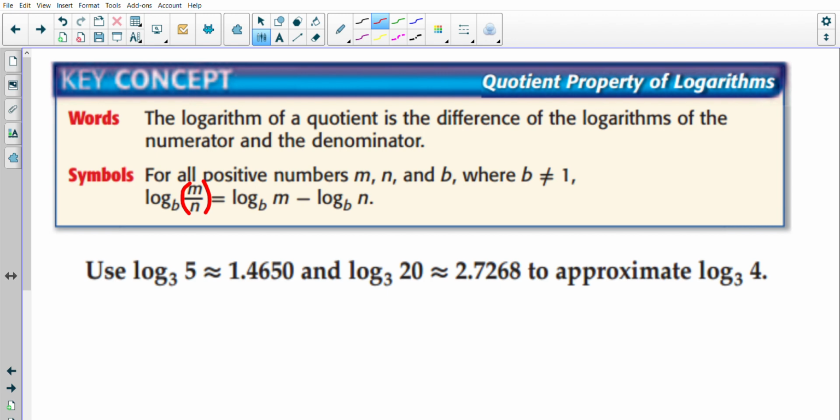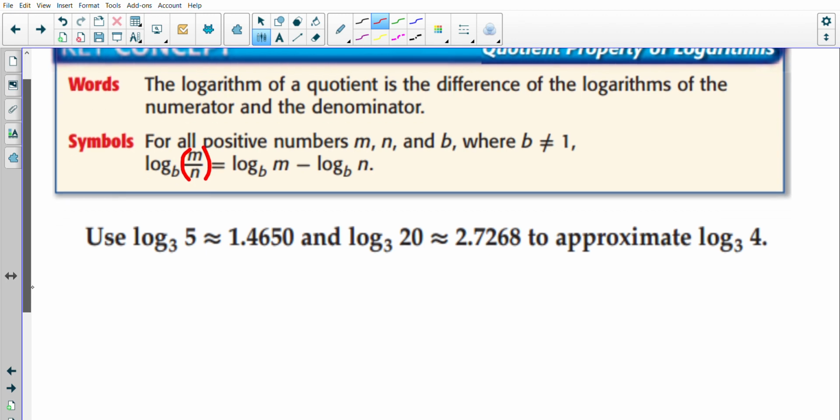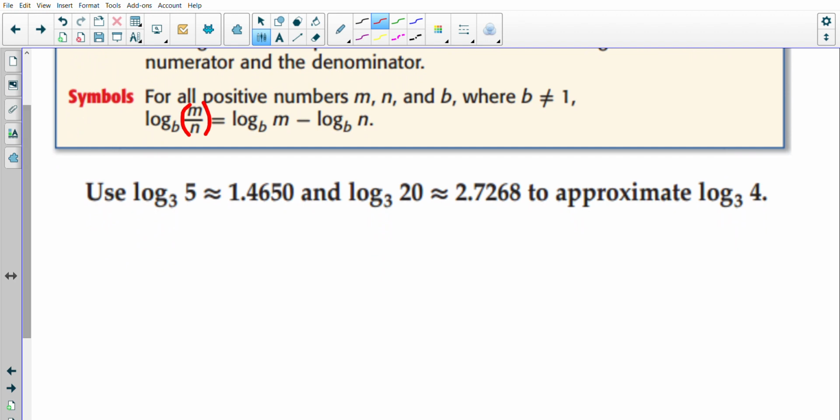So use log base 3 of 5 is approximately 1.4650, and log base 3 of 20 is approximately 2.7268 to approximate log base 3 of 4. So here, log base 3 of 4 can be rewritten as 20 divided by 5.